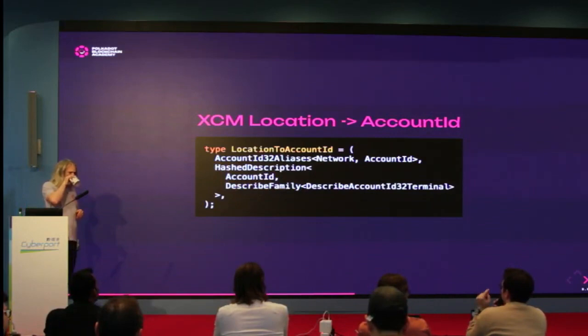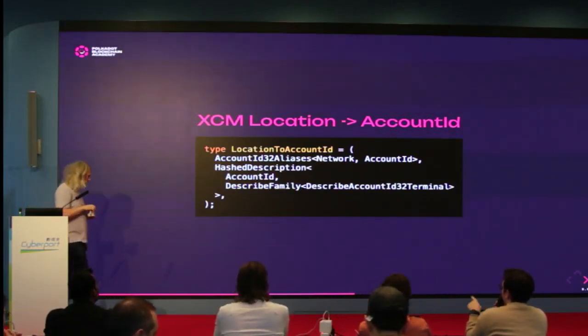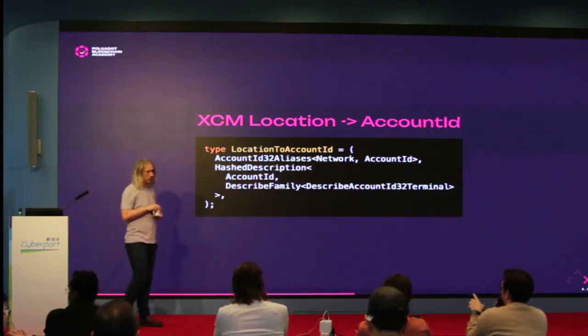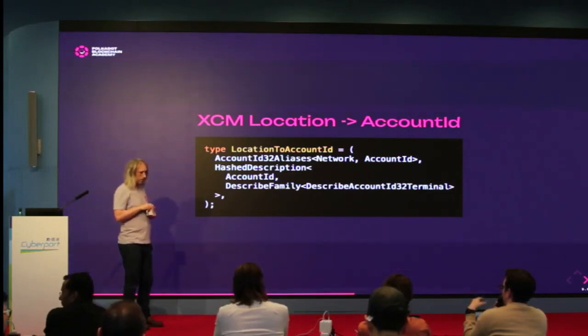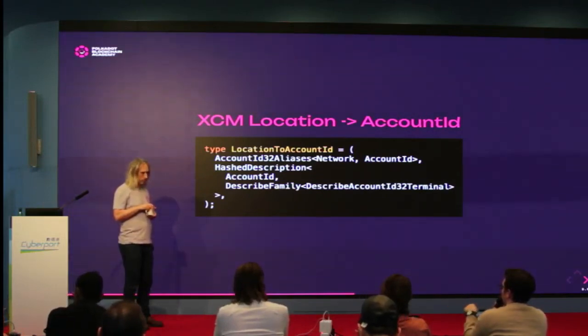Yeah, so then describe family is the thing that prevents us from having the same account ID for multiple XCM messages that want to access that location, like from different parachains.